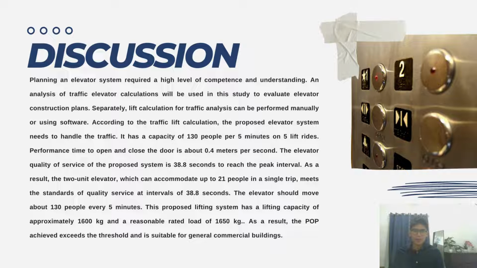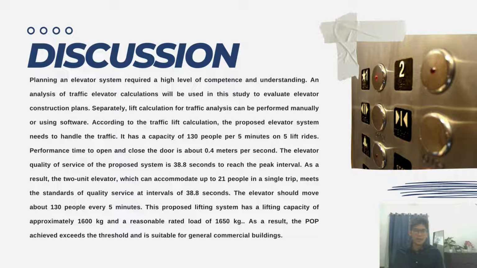The door open and close performance speed is about 0.4 meters per second. The elevator quality of service of the proposed system is 38.8 seconds to reach the peak interval. As a result, the 3-unit elevator, which can accommodate up to 21 people in a single trip, meets the standard of quality service at an interval of 38.8 seconds. The elevator should move about 130 people every 5 minutes.